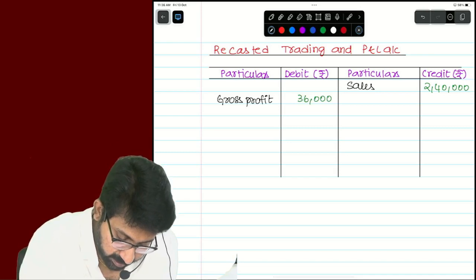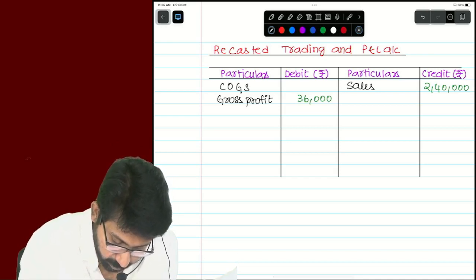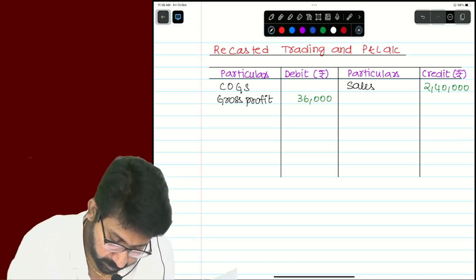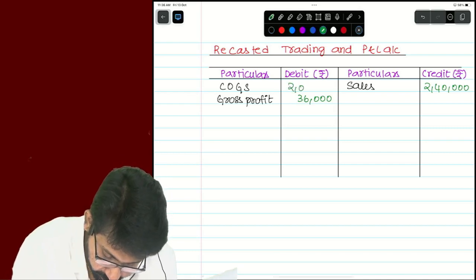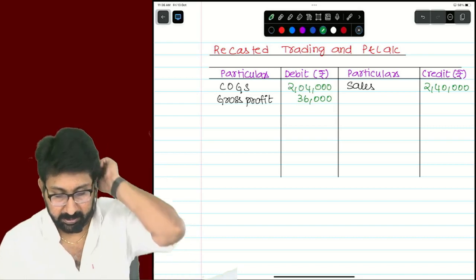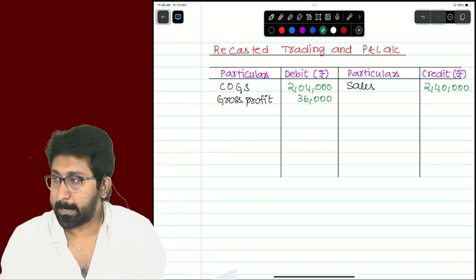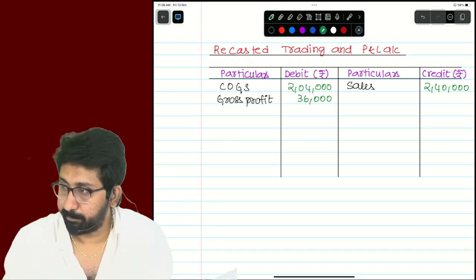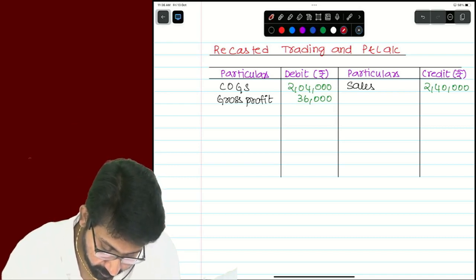Then you calculated the cost of goods sold. Two lakh 4,000. Total them.